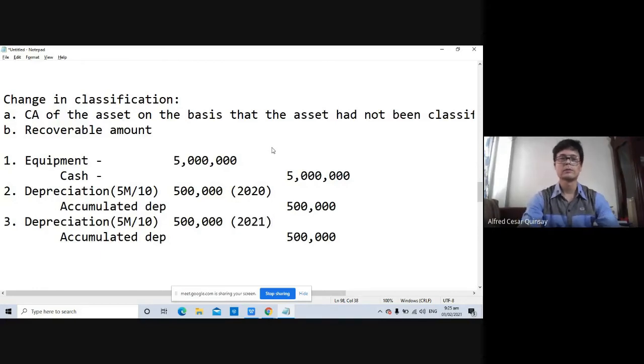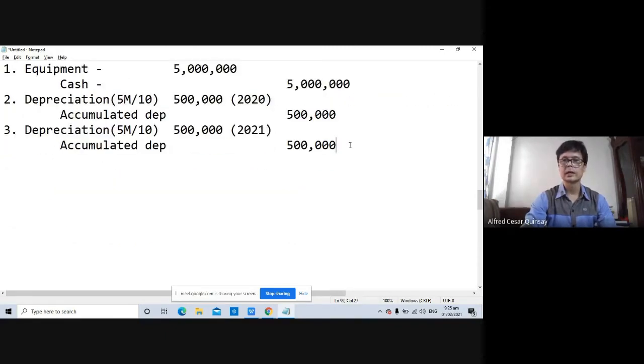Now, number 4 is to remove the asset, because it was classified as held for sale on December 31, 2021. So number 4 is to remove the asset from property, plant and equipment and classify it as held for sale.